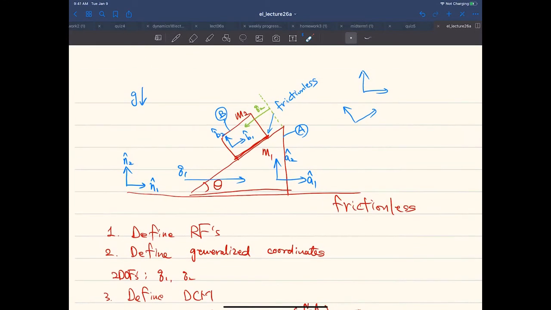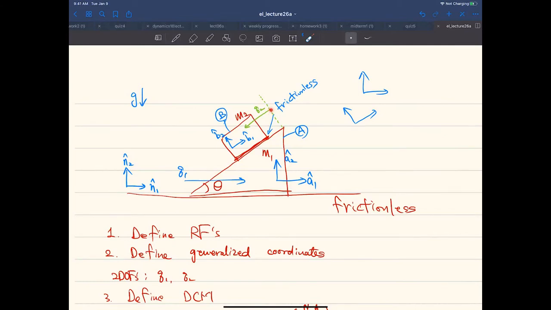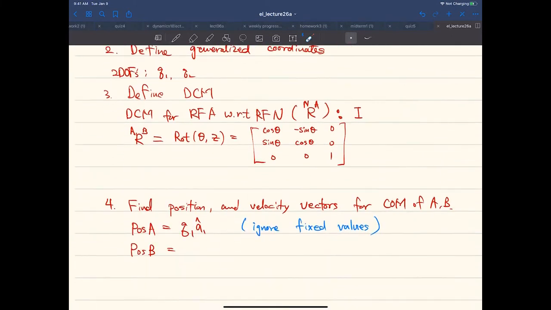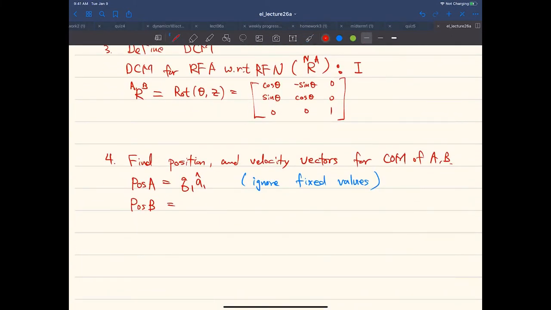Because if you assume this is the origin of the system, then this origin is also moving to the right by the same movement that you saw from the rigid body A. So you just basically add the position vector for the reference frame A first, so it has to be there, and then you subtract this Q2 in B1 direction. So that's our position vector.